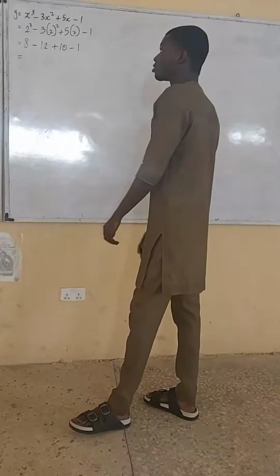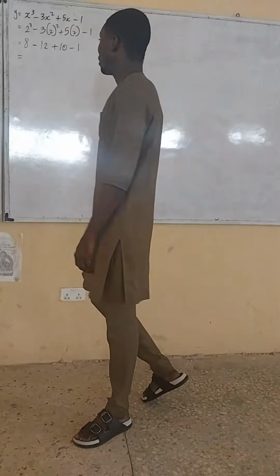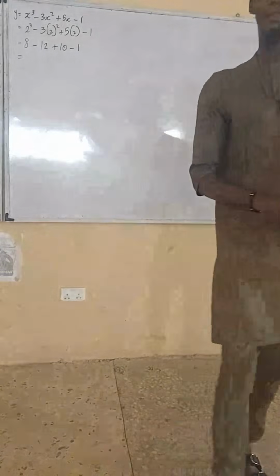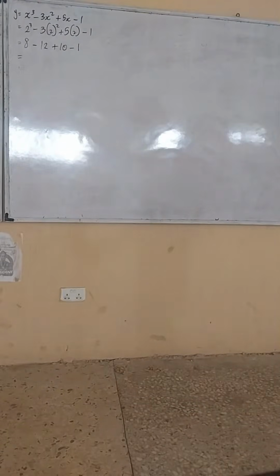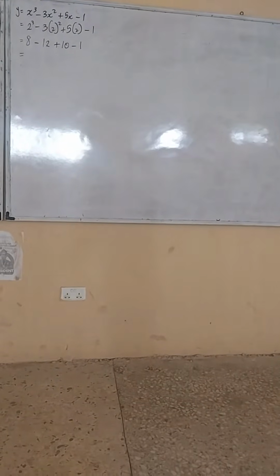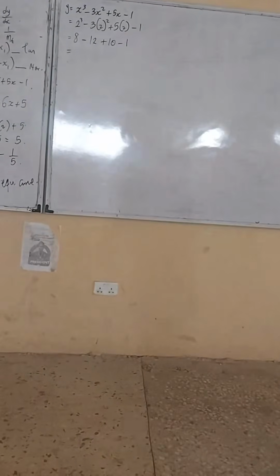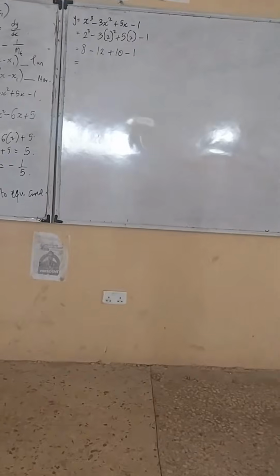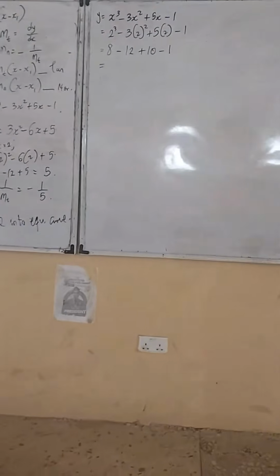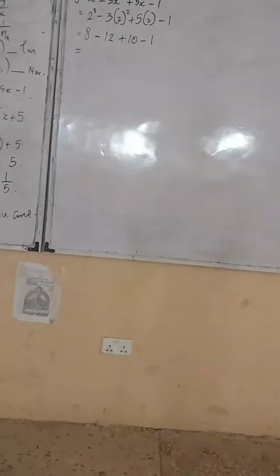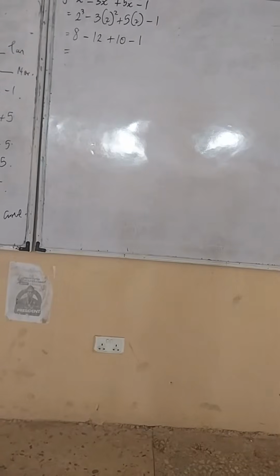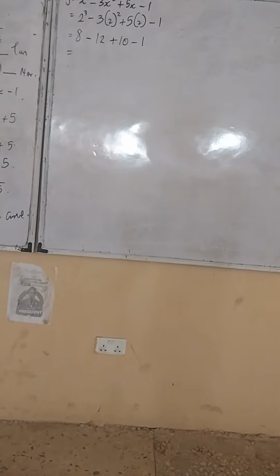What's the answer to this? 8 minus 12 plus 10 minus 1 is what? 5. 8 minus 12 gives us minus 4. Minus 4 plus 10, and minus 1, that's minus 5.